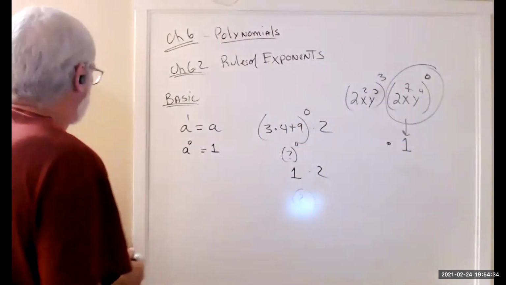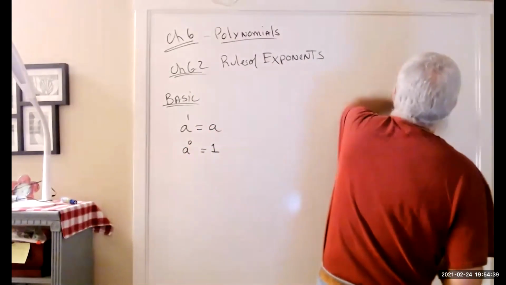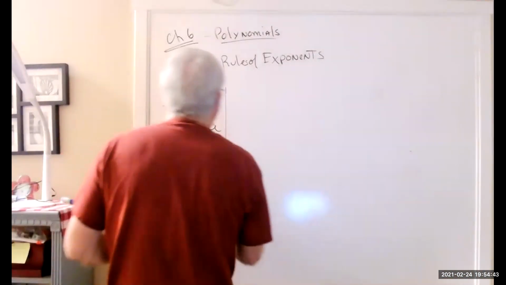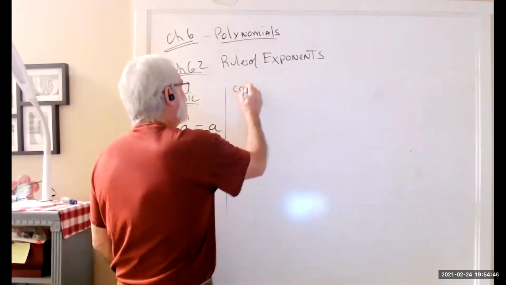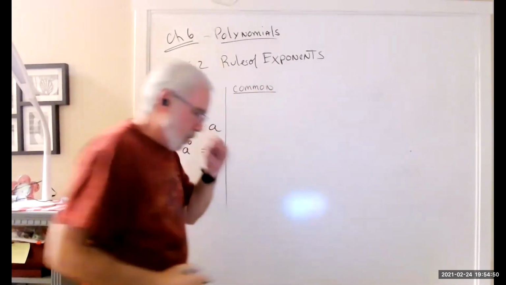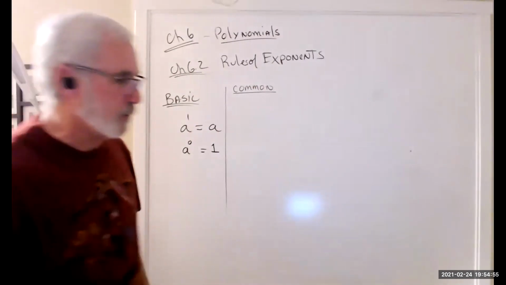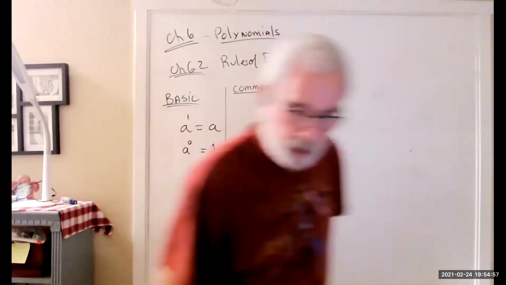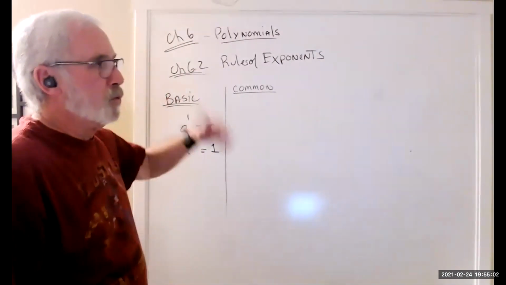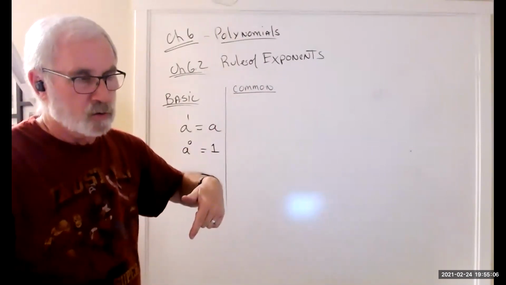Okay, that's some of our very, very basic rules. Now we're going to get into our more common rules. Only because I'm weird, I'm going to do it backwards. When you look in the book, the rule I'm going to give you is the last rule they teach you.